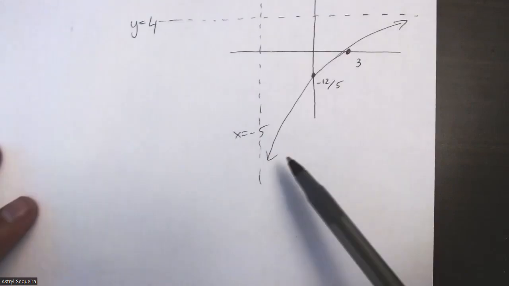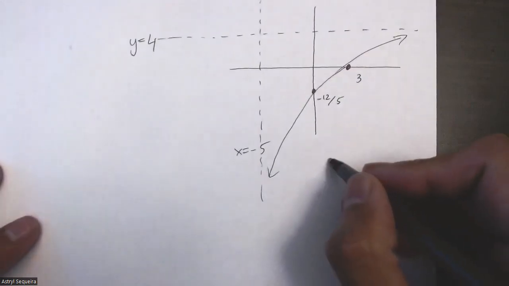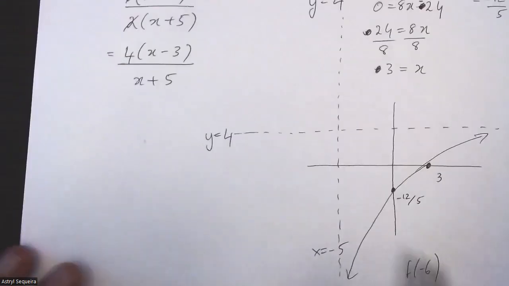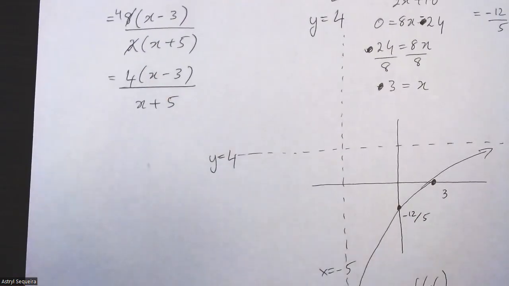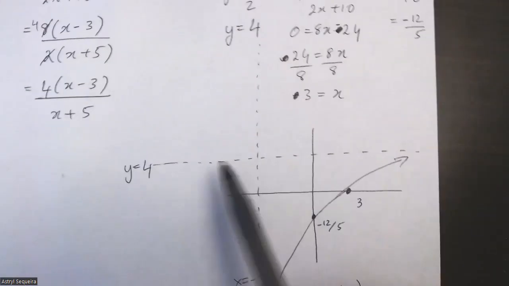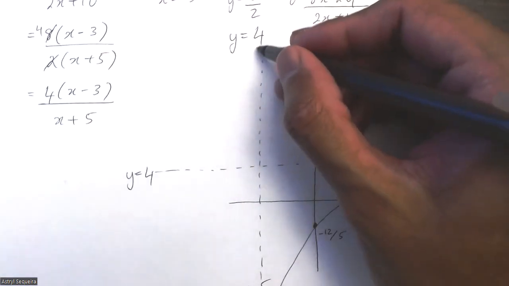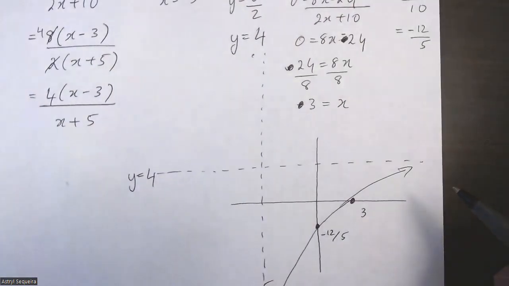So I'm going to pick any value less than negative 5. I'll do f of negative 6. So I'll plug negative 6 into this equation over here. Do that in my calculator. And I get positive 36. So I know positive 36 is above this line, way above. It's not going to fit in here, basically.